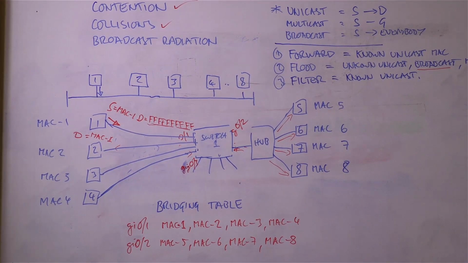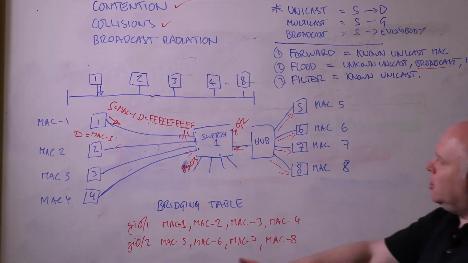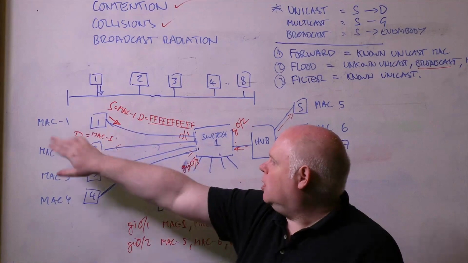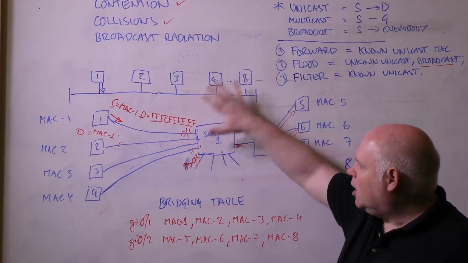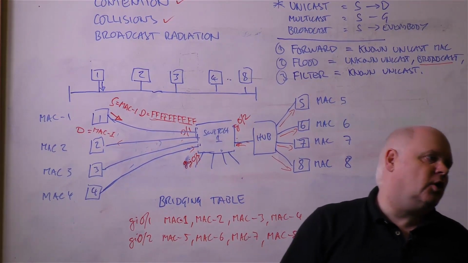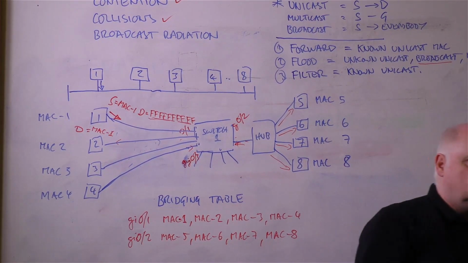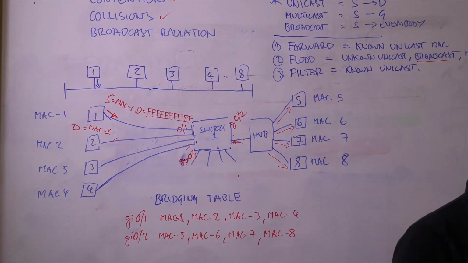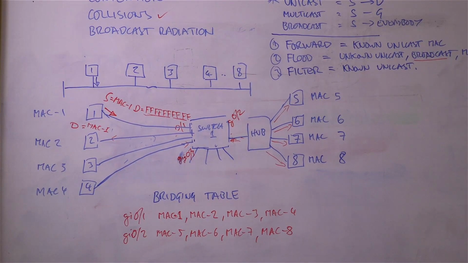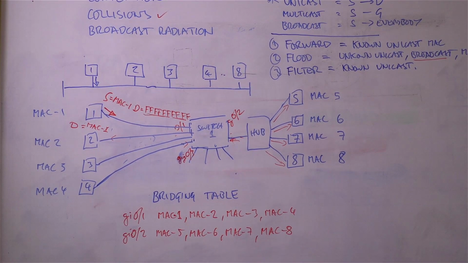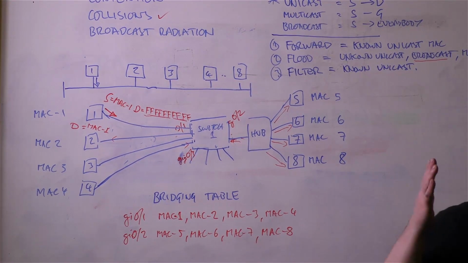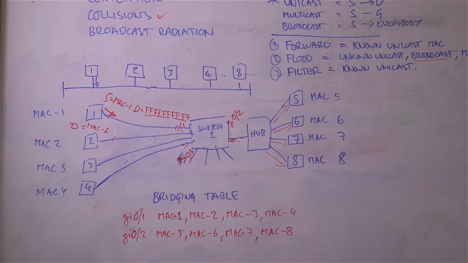So just like before, if computer number 1 sends a broadcast out onto the network, everyone still gets it, even though they all have their own switch port. So switches don't stop broadcasts. If you want to solve that, you need a router, okay? Because routers define boundaries between broadcast segments.